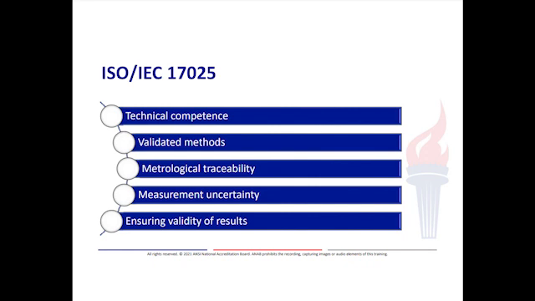In the case of 17025, whether it's laboratory testing or whether it's dimensional or calibration, there's a certain level of uncertainty based upon the precision that you bring to bear. And the last of these is ensuring the validity of results. And what that means is we're documenting every piece that goes into the testing that's used, whether it be the standards, whether it be the methods, whether it be the competency of the individuals involved, and the equipment used.